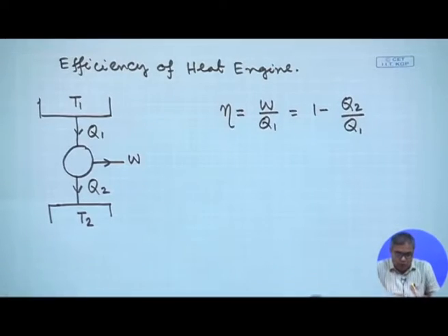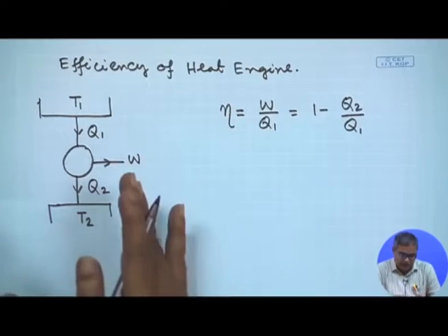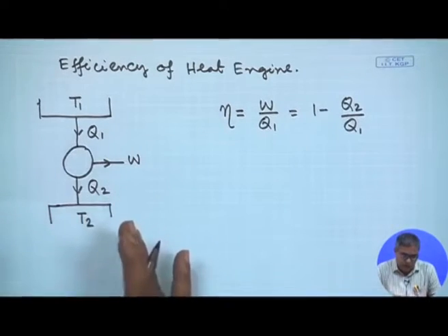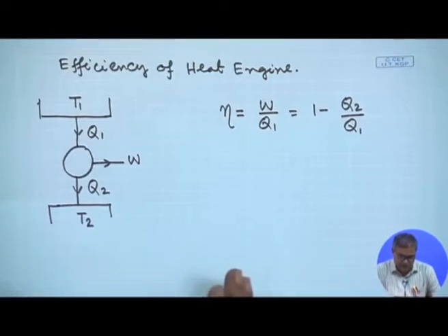So, now we know that efficiency is dependent only on the temperatures T1 and T2 if this engine is a reversible engine, and this is of course beyond the course, because it is not a course of thermodynamics.